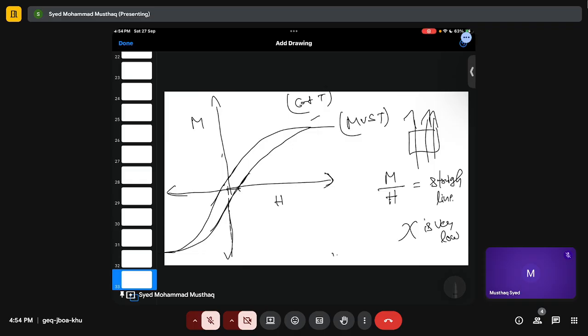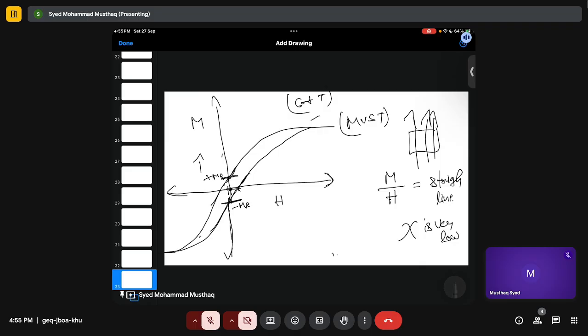Now, when H is 0, this is my magnetization. That means it is facing this side. Let's say it is facing upwards, all the spins are facing upwards. Now how do I reverse this direction? I have to make M as minus M. Let's say this is MR, positive MR, and I want to make it minus MR. To do that, I need to reverse the magnetic field.